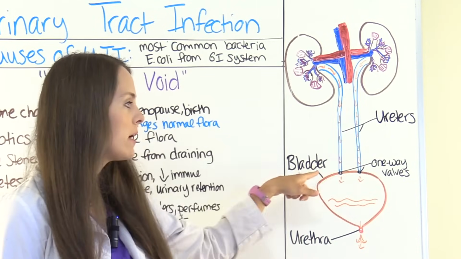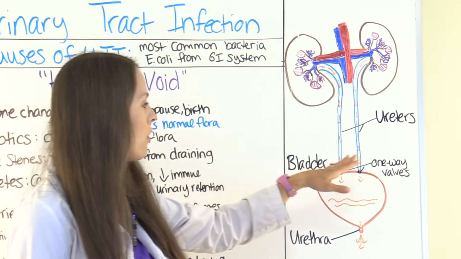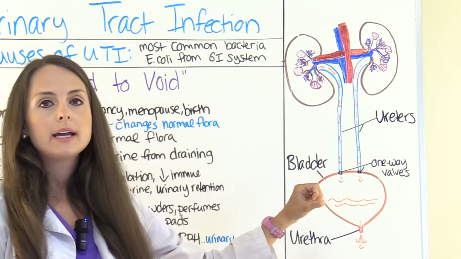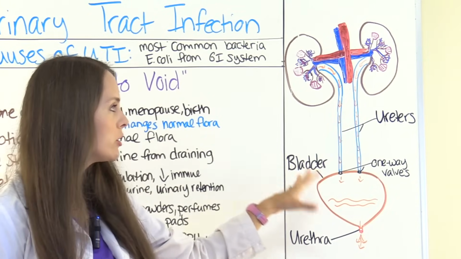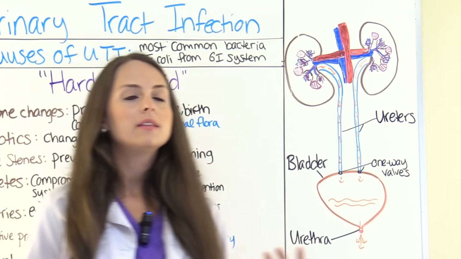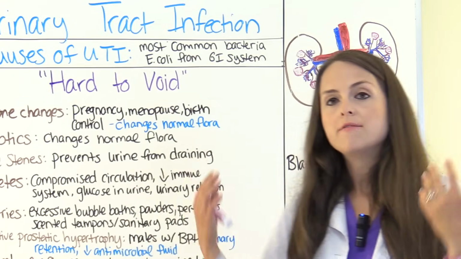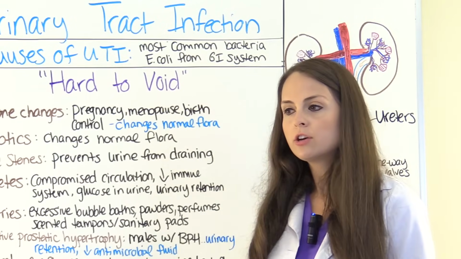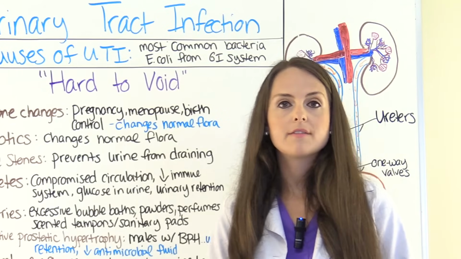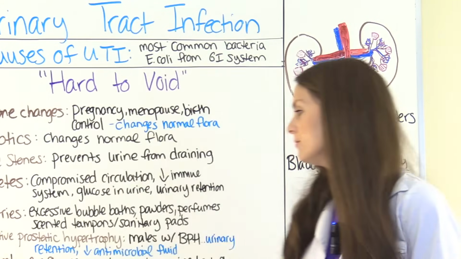Remember, we have those one-way valves called ureterovesicular valves, and they are not closing properly, and they are allowing urine to backflow up through those ureters and into the kidneys. These kids will have recurrent, constant infections, and when they go in and look, they see that they have issues with their valves.